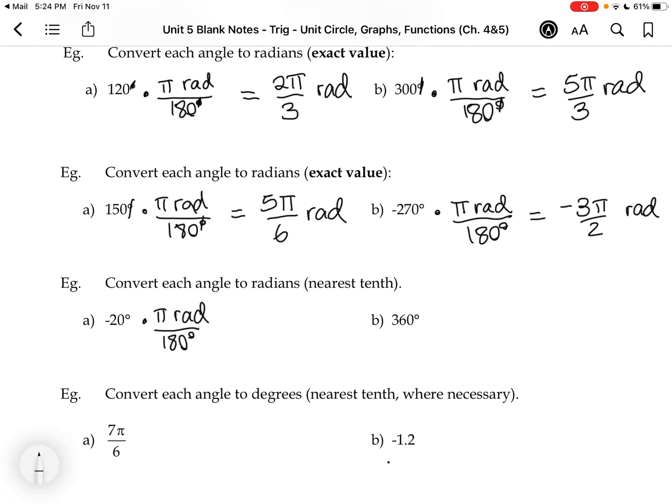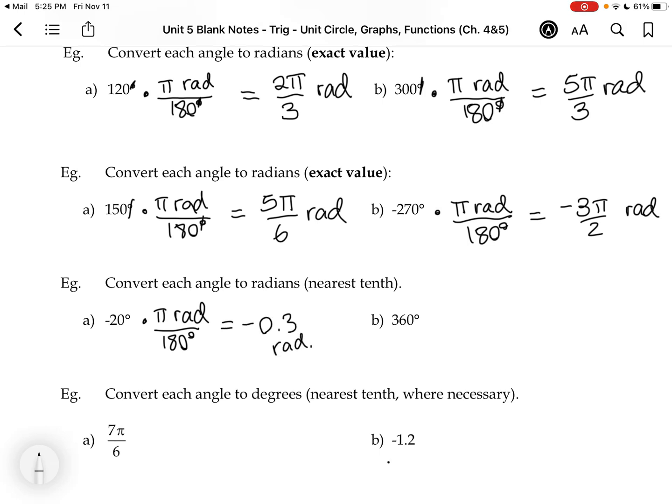But now what you can literally do on your calculator, and I'm just doing this off to the side, is put in negative 20 times pi divided by 180. And I'm getting a value of negative 0.349, or to the nearest tenth, negative 0.3 radians.